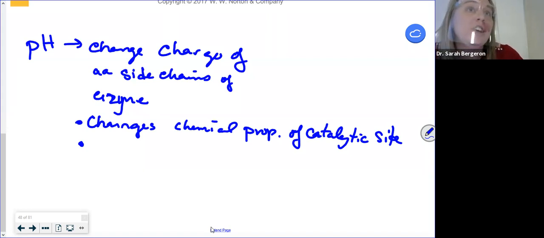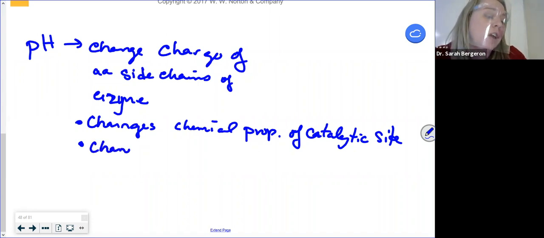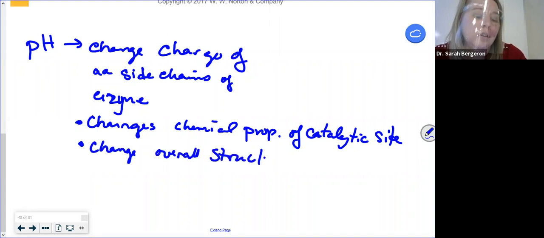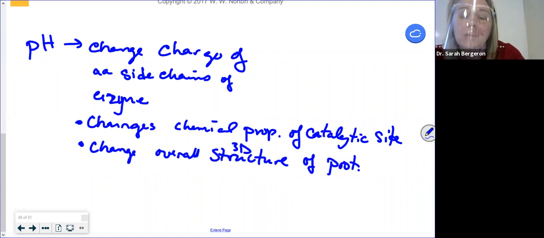If you start changing side chains, what determines the overall three-dimensional shape of a protein? The amino acid side chains. If you start changing those amino acid side chains, guess what? You're going to change the overall structure of the protein. It can change the overall 3D structure of the protein.